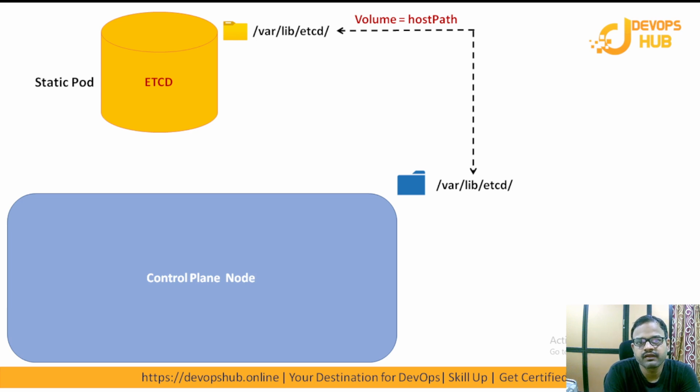Even now, the data of etcd, the state of etcd, is managed at the control plane node level. So what happens when a hardware level issue occurs at the control plane node, or someone accidentally deletes the /var/lib/etcd at the control plane node? Then also it will be the same. Kubernetes etcd data is lost, which is not desirable.